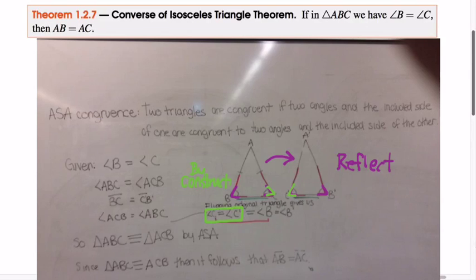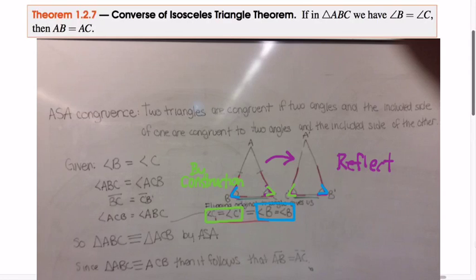Because reflection is an isometry, it preserves the congruency of angle C to angle C prime. Same thing with B and B prime. Those are congruent as well, again, by construction, because that's how we obtained the triangle on the right from the triangle on the left.